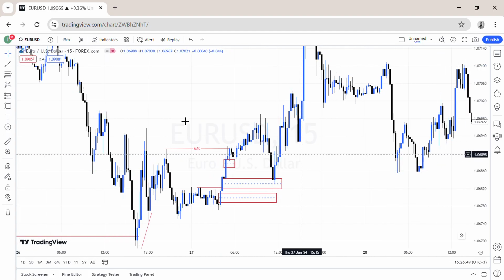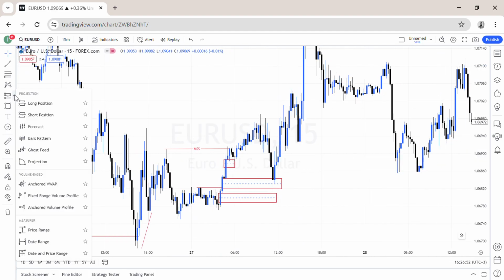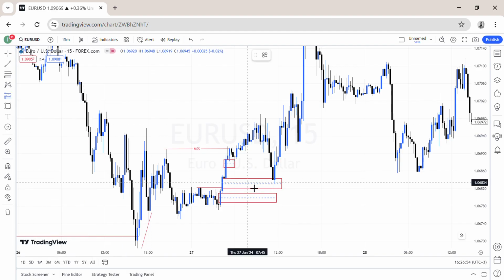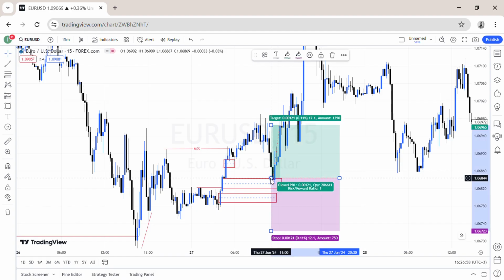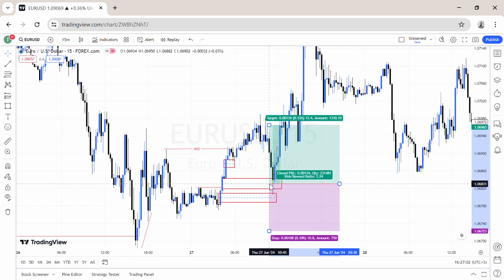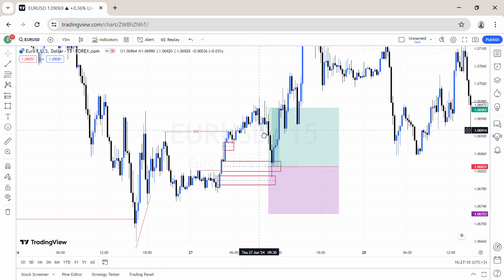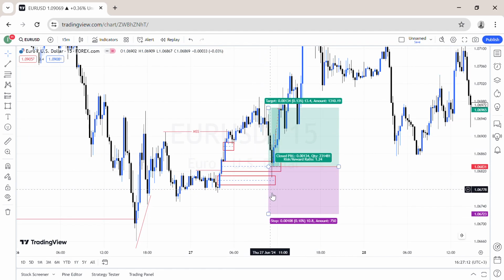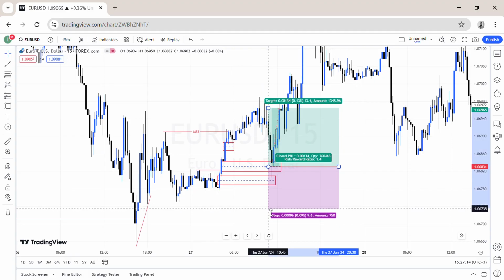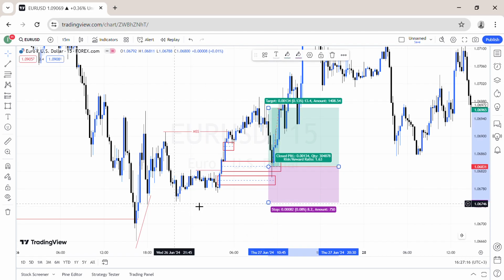Your entry would be at the top of the fair value gap, right there, or even the consequent encroachment, the equilibrium of it. I love just placing my entries at the equilibrium of the fair value gap, right? And we would just place our stop loss at this low, all right?